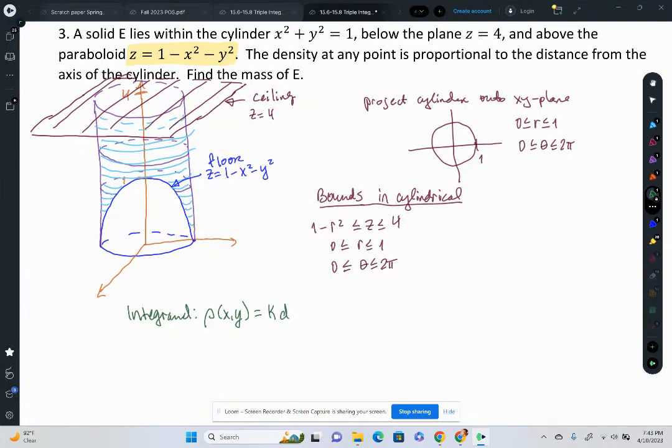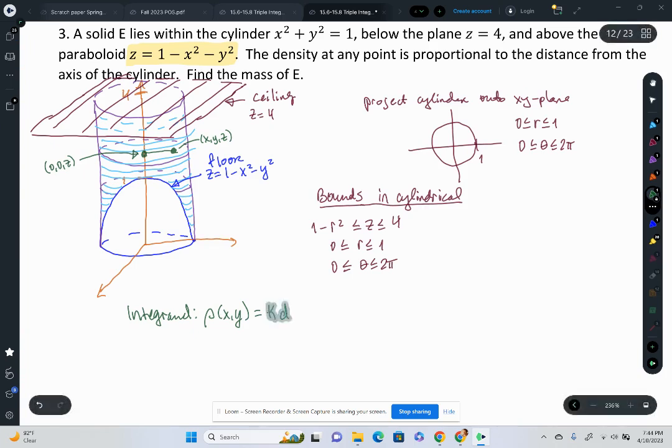So if I was to pick any point in space right here, and I want to find the distance to the axis of the cylinder. The axis of our cylinder is the z-axis, okay? So this first point is x, y, z. And then this second point, because it is on the z-axis, is actually 0, 0, z, okay?